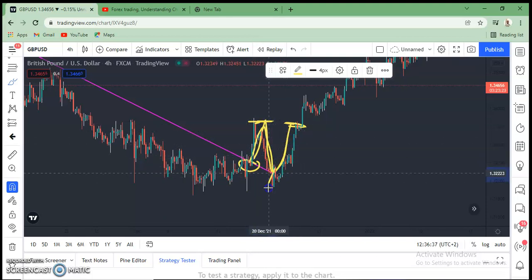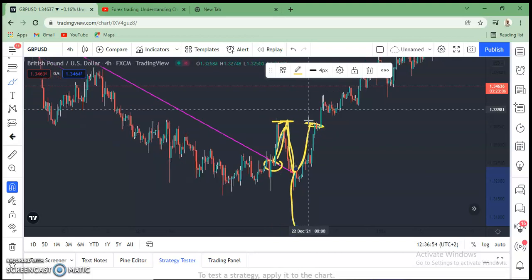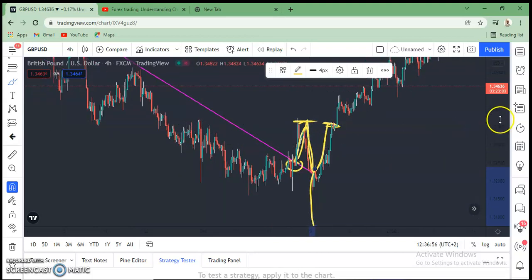It would just have continued downwards. So we should wait and see if it will break this point. And when it breaks this previous high, we know the market is changing direction. This is a good point to buy. I hope you understand what I'm talking about there.